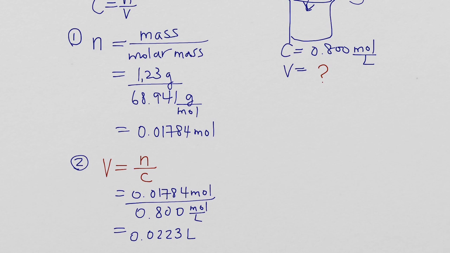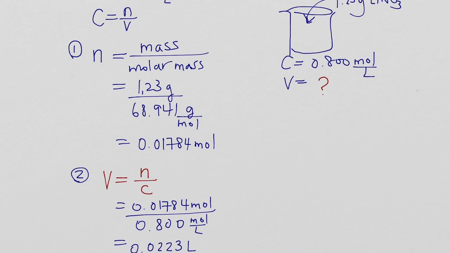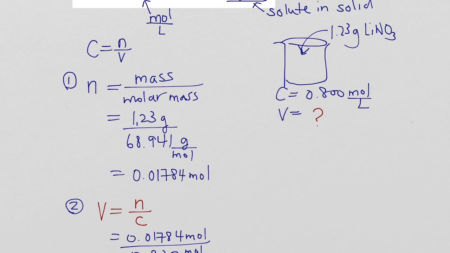So again, if you think about what you're actually doing, if you were to do this in a lab, you would dissolve 1.23 grams in, we now know that it's 0.0223 liters, which is equivalent to 22.3 mL.